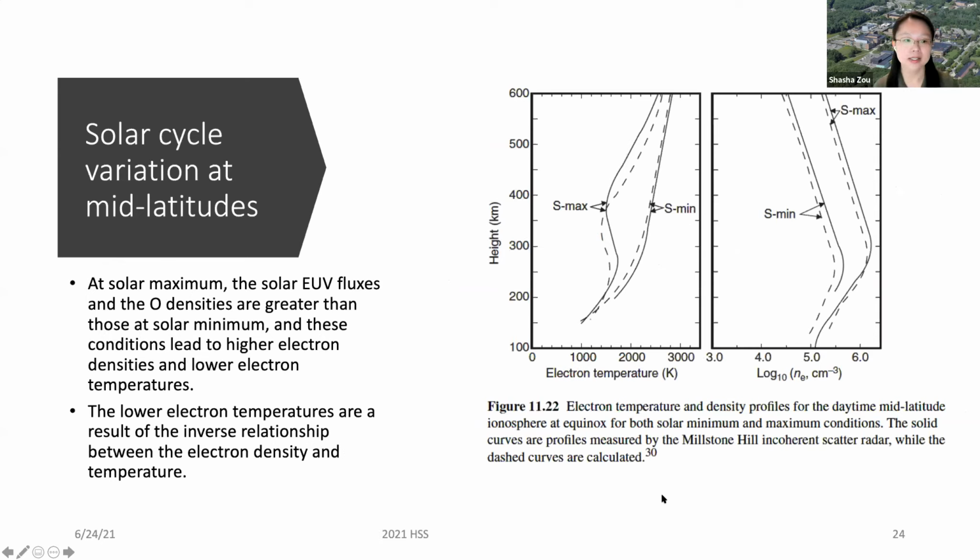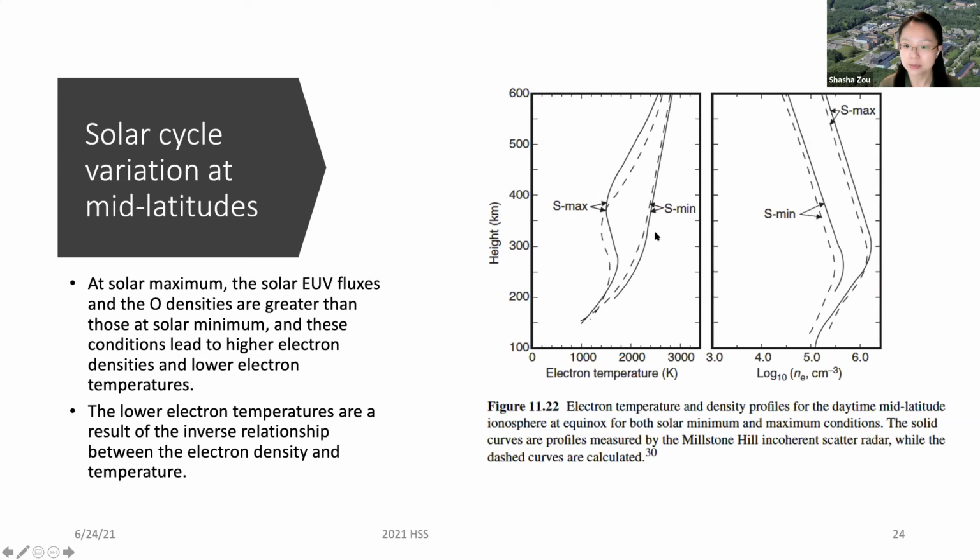Okay, so the last cycle I want to show is the solar cycle variation. The solar cycle variation gives the largest variations in the density and the temperature. If we look at the number density first, this is in log scale. At solar max, the density could be an order of magnitude higher than the solar mean. And this is simply because we have a lot more solar EUV flux during solar maximum.